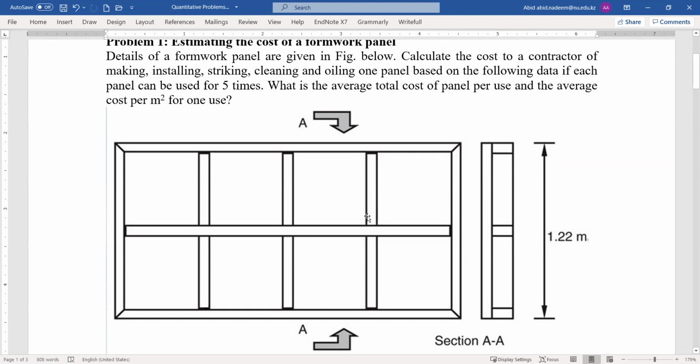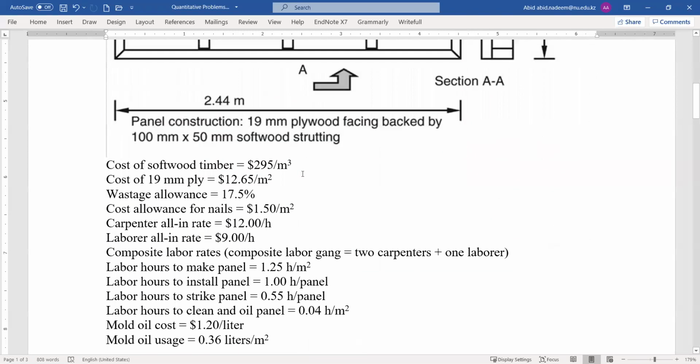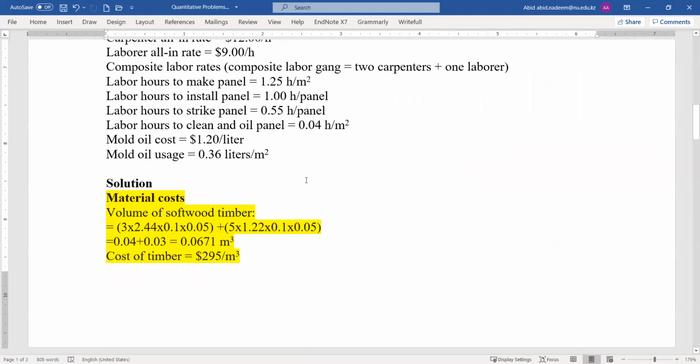So first we calculate the material cost. For calculating the material cost, we need the material quantities. So first we calculate the volume of the softwood timber. Here in the solution, I have put the number 3 over here.